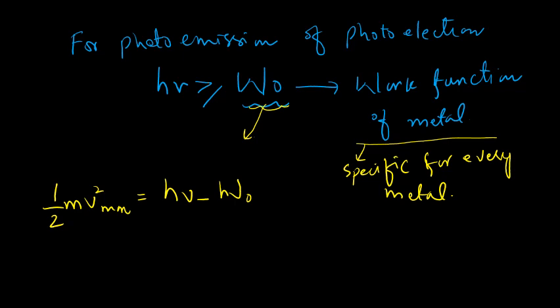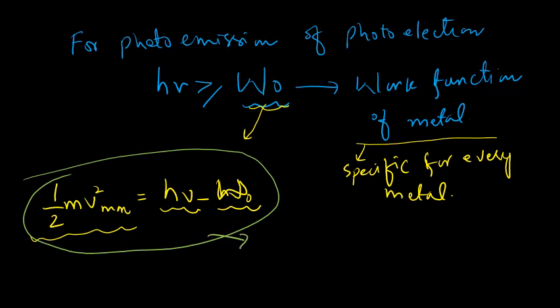Here h mu is the energy of the incident photon, and the energy equal to the work function W naught is used to overcome the binding forces within the metal to free the electron, and the remaining energy is used as the kinetic energy of the emitted electron. This equation is known as the photoelectric effect equation.